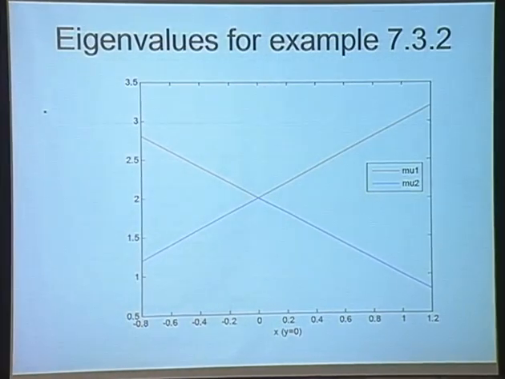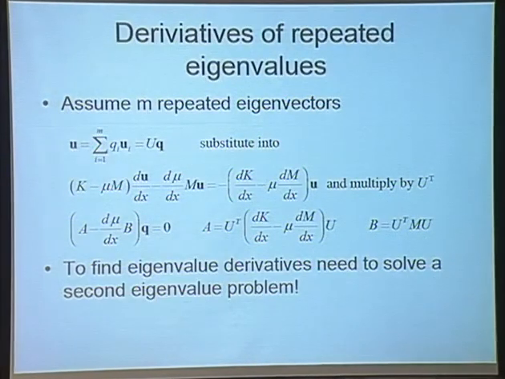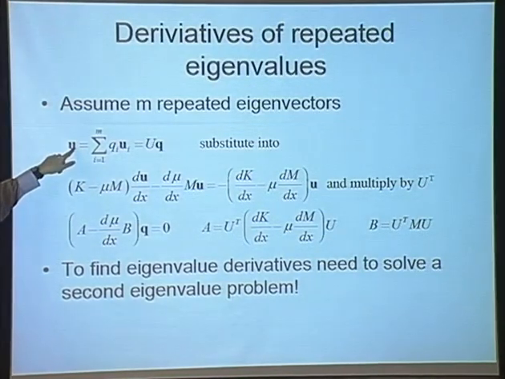Now let's see how we calculate this graph. And so here is the mechanism for calculating derivatives. Let's say that we have m repeated eigenvectors, so m repeated vibration modes. From what I showed you, any linear combination of those vibration modes is also a vibration mode with the same frequency, so I wrote it like that.